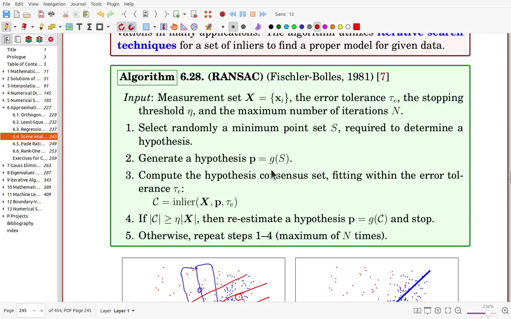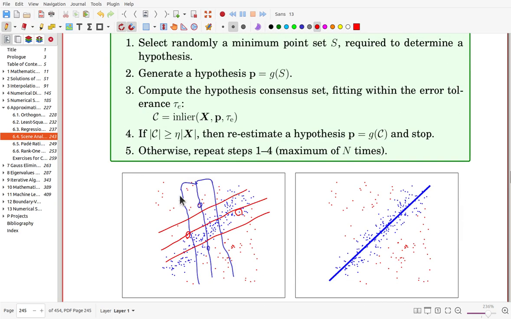That is, here, the parameters. In fact, the G function makes a line, but rather than the line itself, you need only the parameters, the coefficients. And compute the hypothesis consensus set fitting within the error tolerance, here tau epsilon. From X, using this tolerance, the points that satisfy it become the set of points inside the strip.